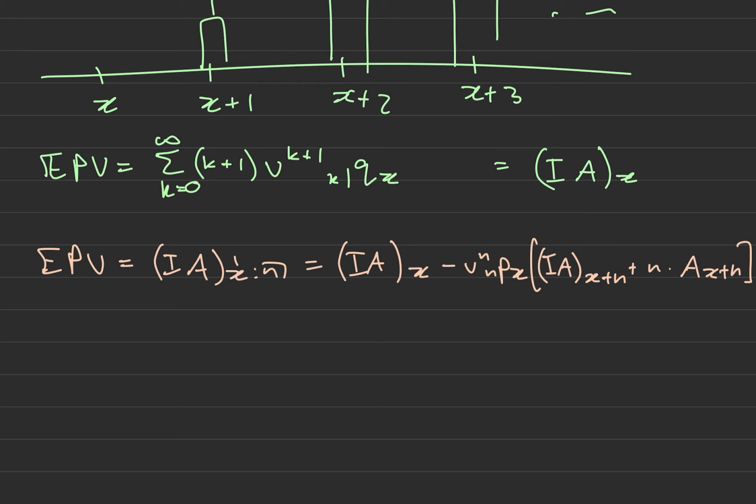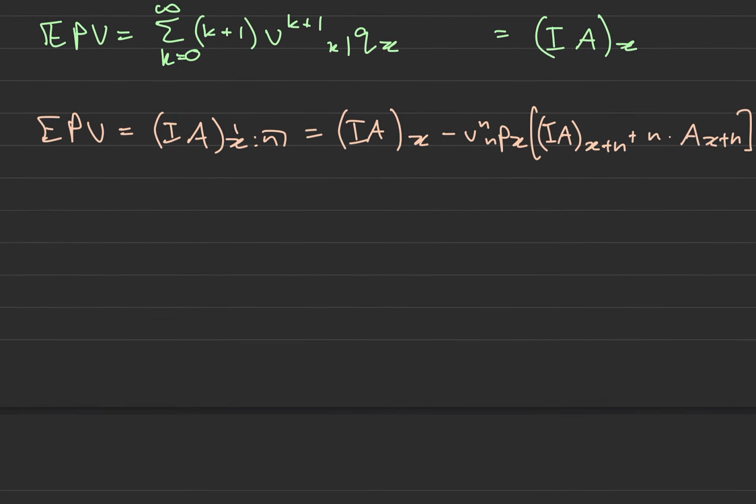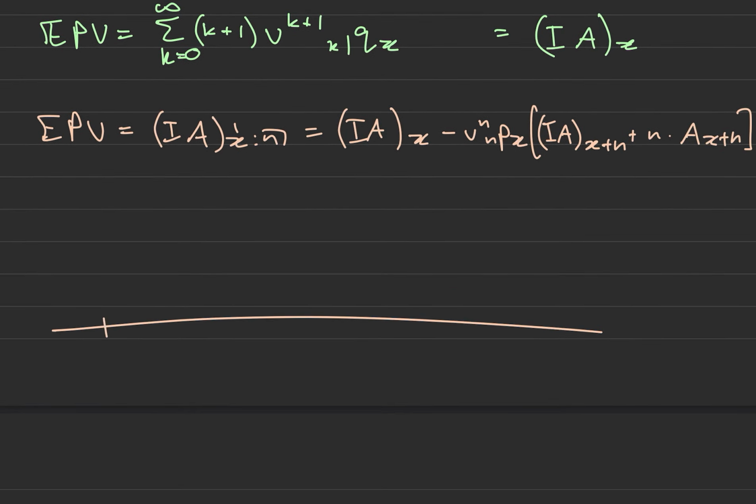But then you must note that this alone starts with a payment of size 1. But this, by the time it gets to x plus n, has already increased in size. So if I'm subtracting all these payments beyond age x plus n, I'm going to have a mismatch. So let me explain exactly what I'm talking about here.